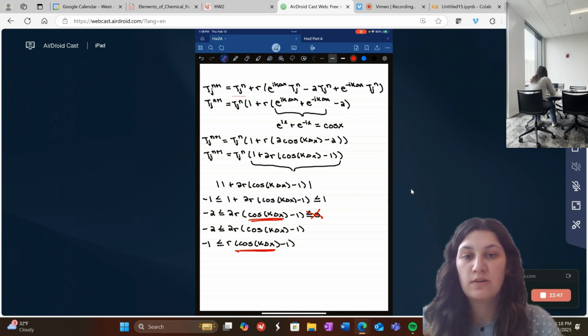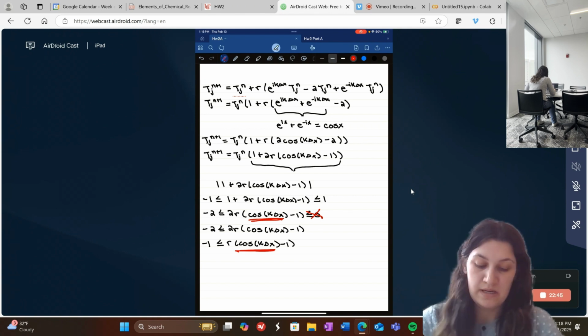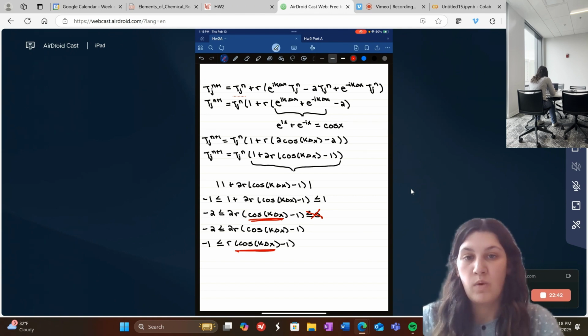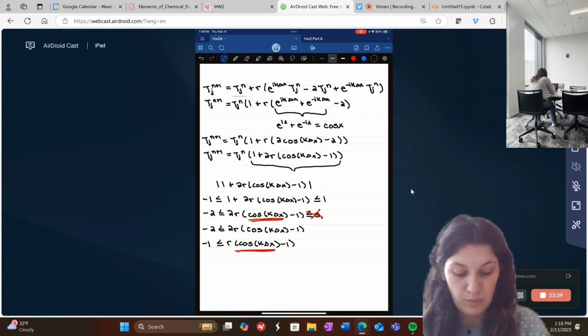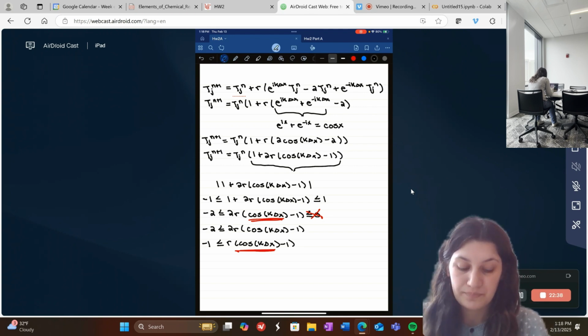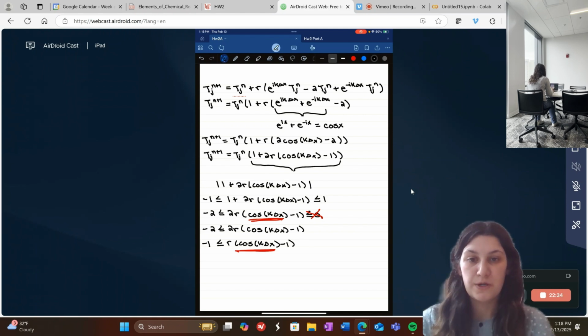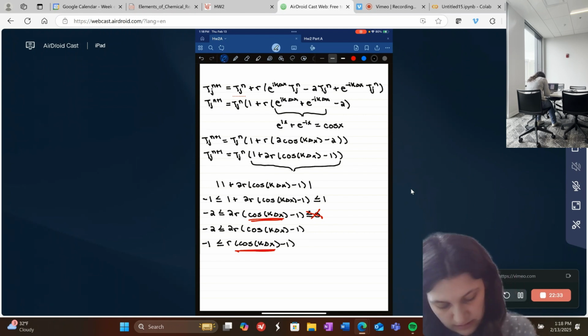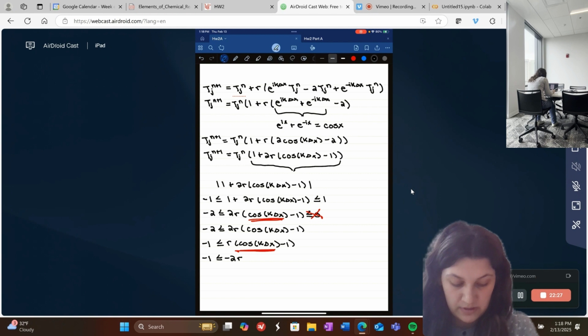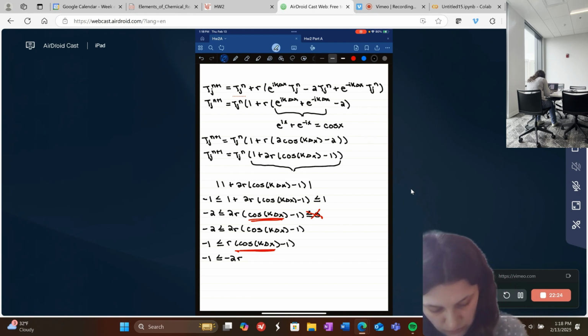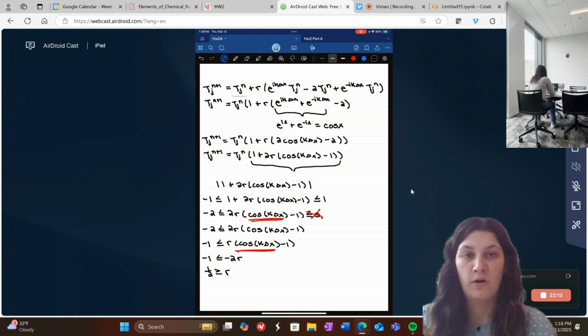Now the smallest value that this cosine could be is negative 1, and then negative 1 minus 1 is negative 2, so we can just replace that whole set with negative 2 since that's the most severe that those values could be, which gives you negative 2r. Now we can divide both sides by negative 2, which leaves us with 1/2, and we have to flip our sign there. Gives us r, and this demonstrates that r has to be less than or equal to 1/2.